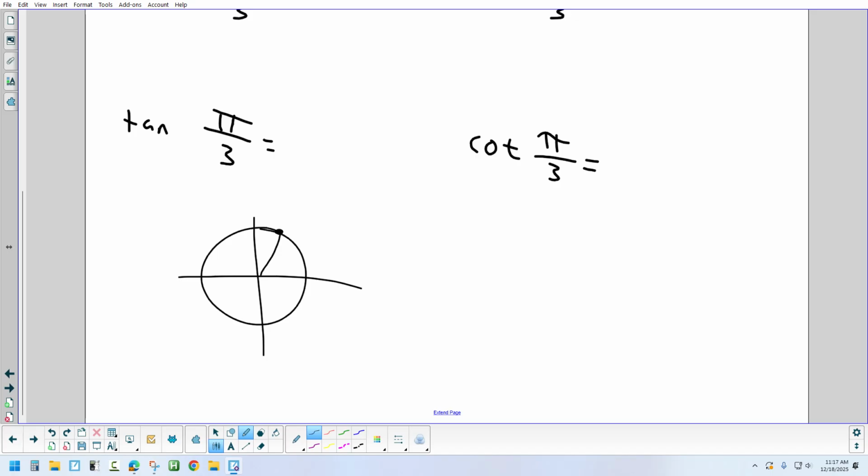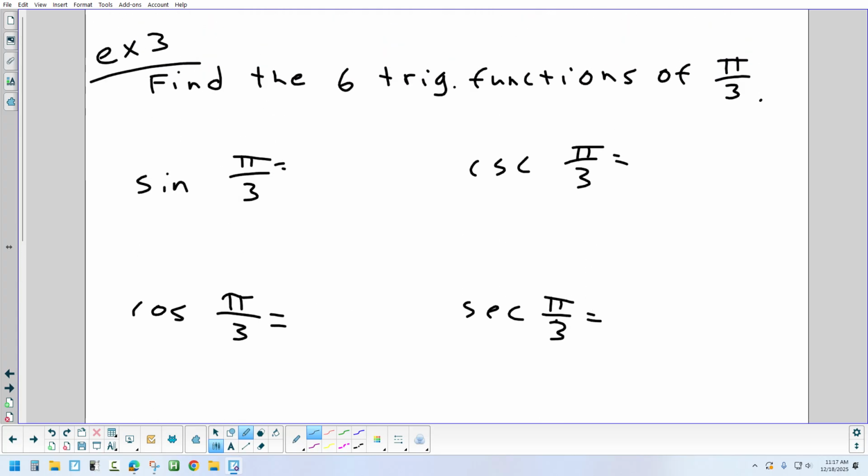So when you make a triangle, the short side is at the bottom, and the height is the tall side. So 1/2, root 3 over 2. You're going to get all the same values we just did in the last problem, but since the x and y switch, all the answers are going to switch places.